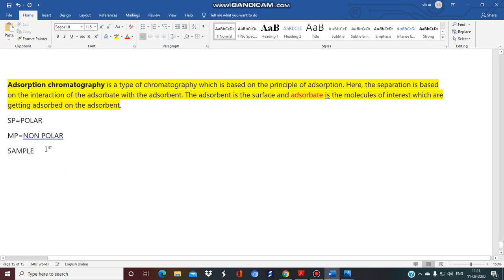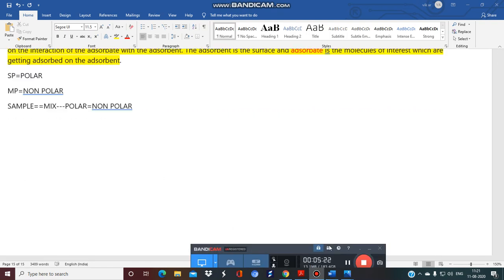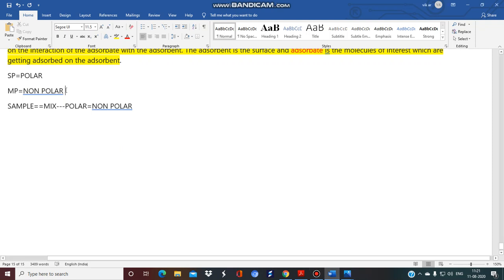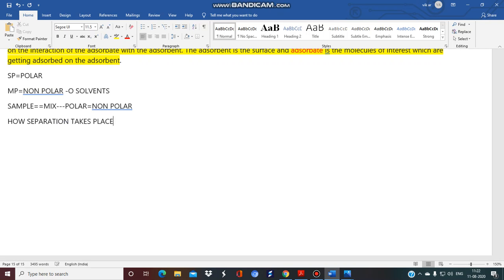And the sample is a mixture; it contains polar as well as non-polar compounds. Okay, so the sample is a mixture of both constituents. In case of non-polar, we use organic solvents as non-polar compounds. So the question is, how does separation take place?